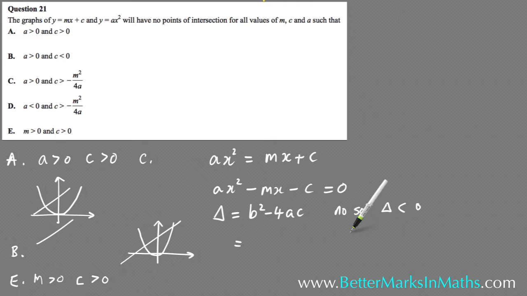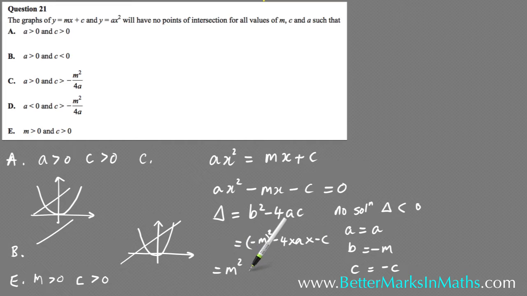So first of all, the values of a, b, and c. So a is equal to a, b equals minus m, and c equals minus c. Subbing them into here, you get minus m squared for b squared, and then minus 4 times a times minus c, and that equals m squared plus 4ac.